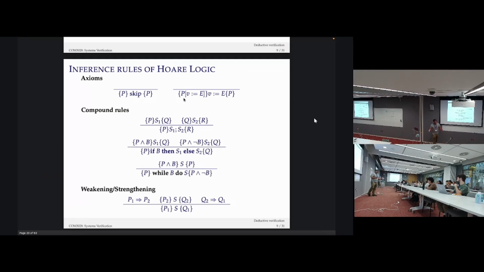Maybe this is a good way to ground this. What's a good way to think about what a state is in this particular setting? Do you think of it as just a mapping from identifiers to values? Identifiers to values, or variables to values, or locations to values. So we can think of our state space, let's call it sigma, as identifiers to values, right?